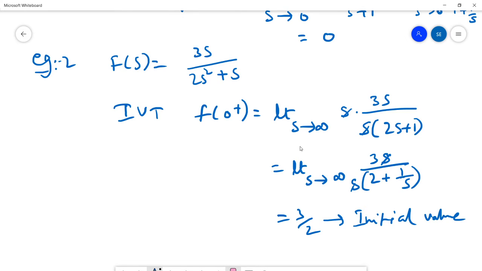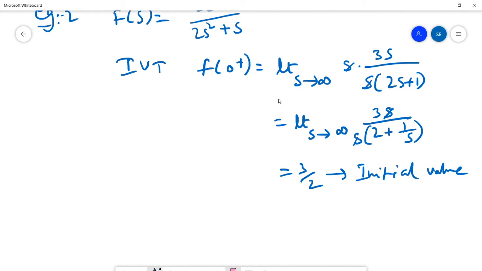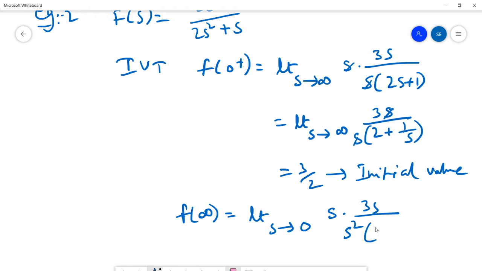Right? Similarly, if you find the final value for this, just apply limit s tends to 0 for the same function. You can repeat the whole thing, but I'll write the final step. F of infinity is equal to limit s tends to 0, s into 3s by, I am segregating here, s square into 2 plus 1 by s.